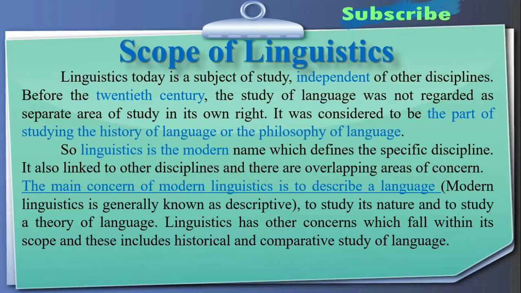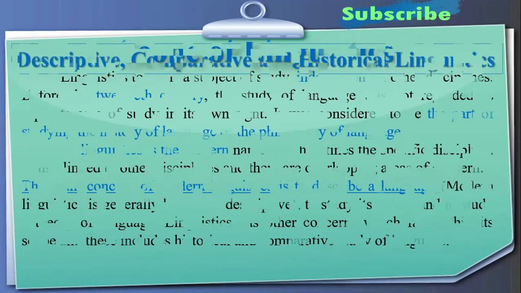So when we talk about modern linguistics, we are actually concerned with the description of language, the study of its nature and theory, and that falls within the historical and comparative study of language.